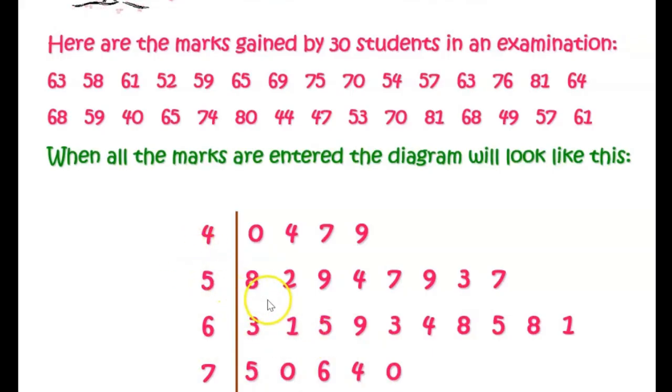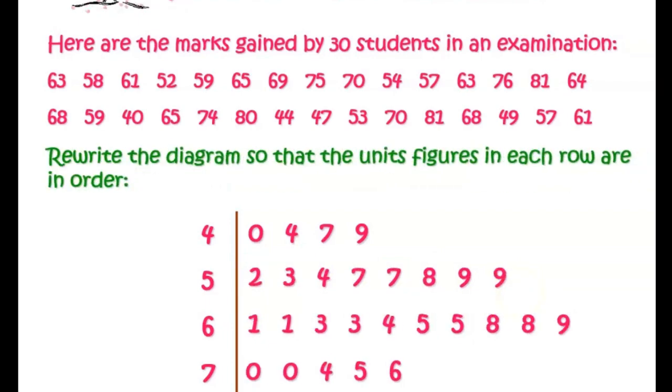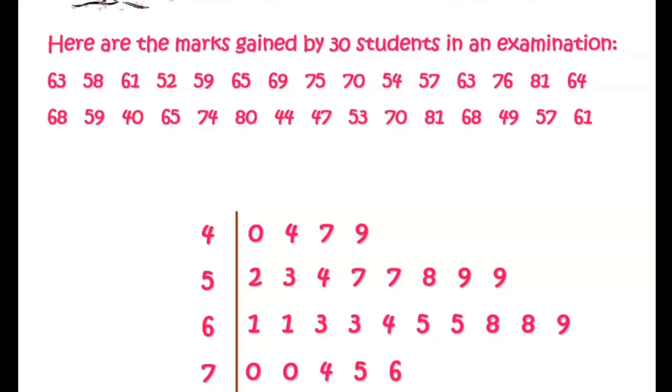I've been able to represent all the numbers using this stem and leaf. Here I have 0, 4, 7, 9, and here 8, 2, 9, 4, 7, 9 and 7. It's ideal I arrange these in order. Let's go back.